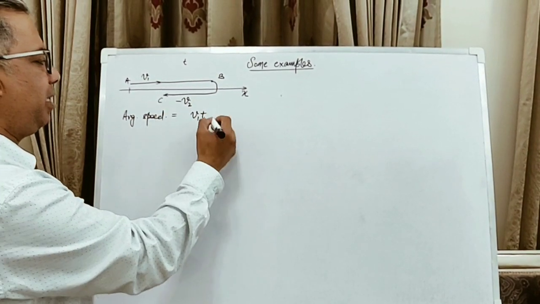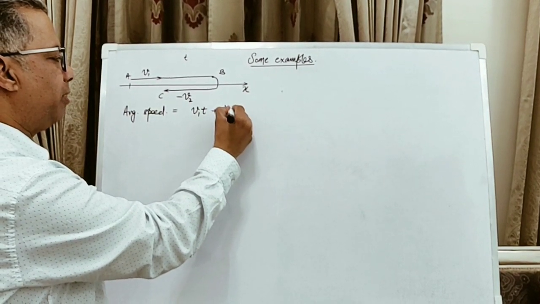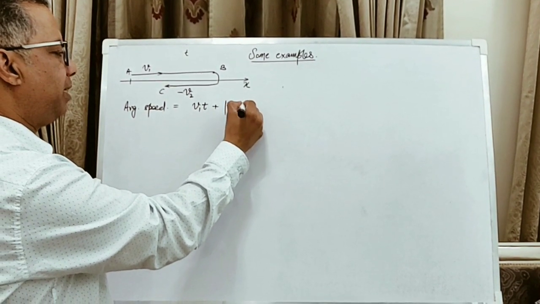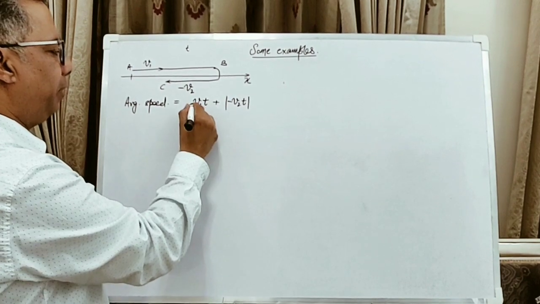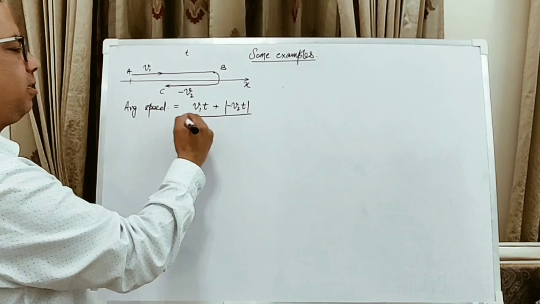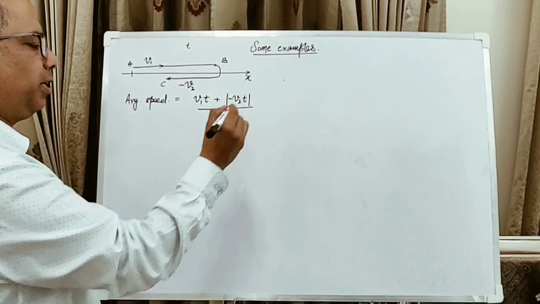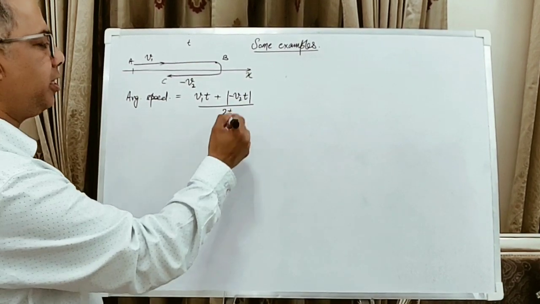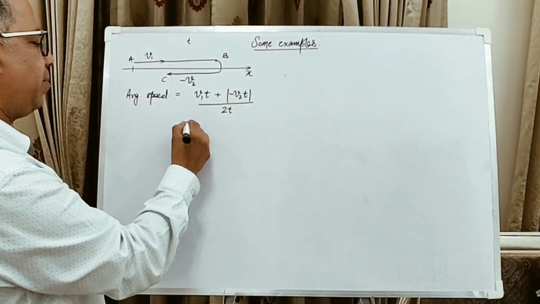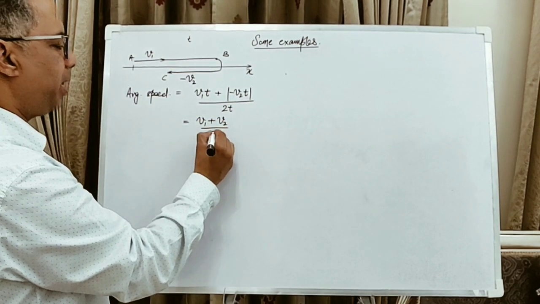Then from B to C the distance was mod of this velocity, minus v2, into time t. This is already positive, so no need to take mod, and we divide this total distance by the total time, which is 2t. The t cancels, and we end up with v1 plus v2 by 2.